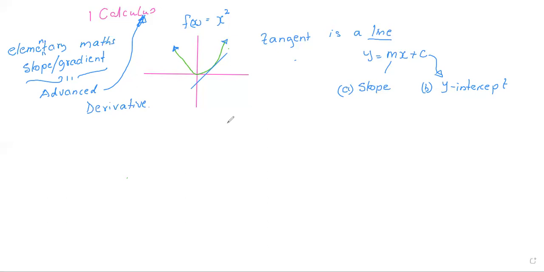Now, if I differentiate, if I want the derivative of that function, it is going to be 2x. Now, you're also given that the tangent touches the curve at x equal to 3.